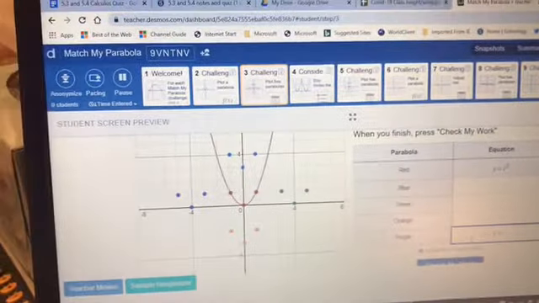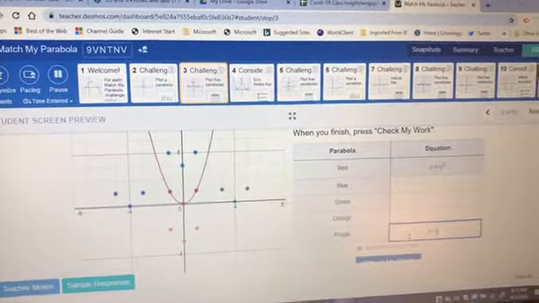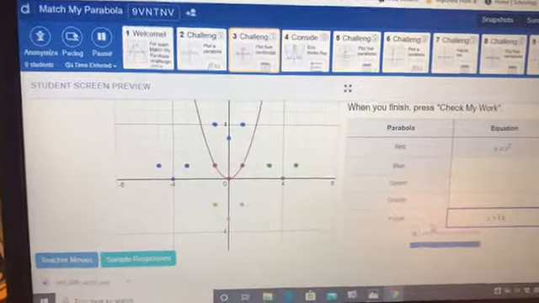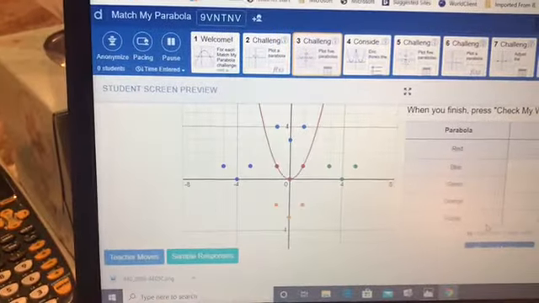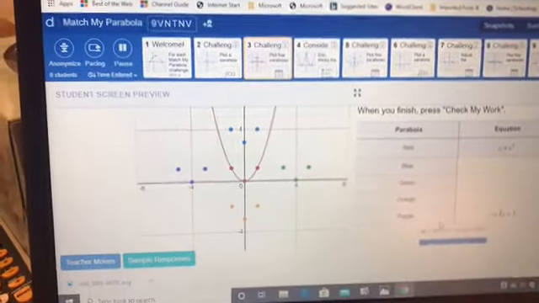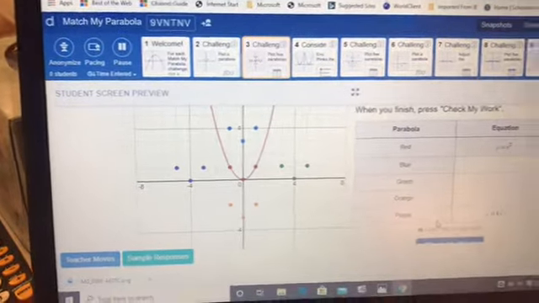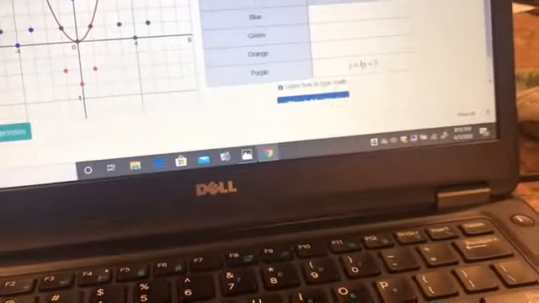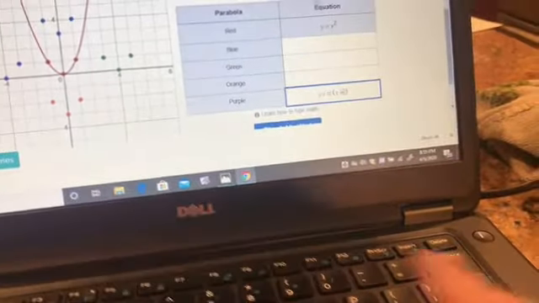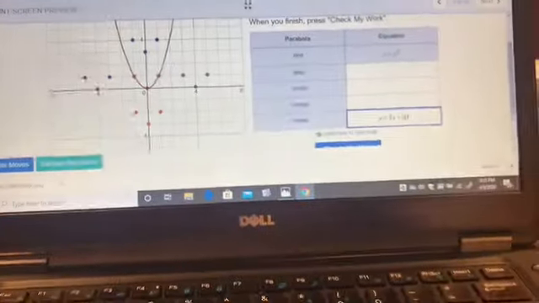Y equals parentheses. Then do we want to do x plus 4 or x minus 4 to move it left? I'm going to try x plus 4, close my parentheses, and then you have to hit squared. I'm struggling.